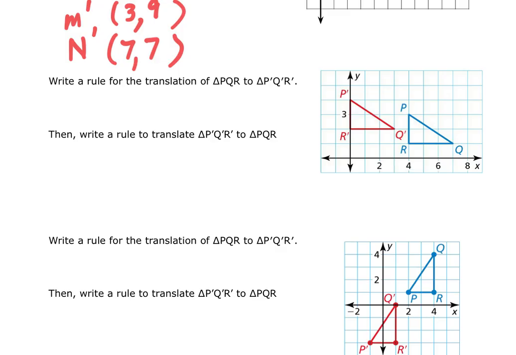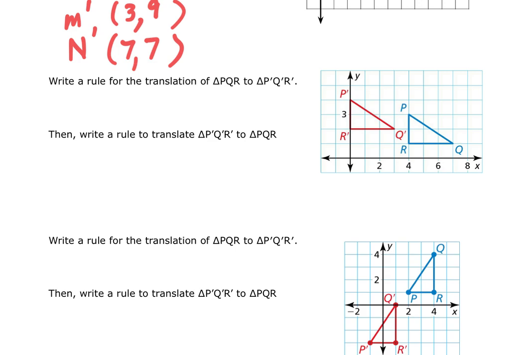if I want to go from P to P prime, okay, first thing, we're starting with P, right? P is my original point, P prime is my new point. So prime is always the ending point. So if I want to go from P to P prime, we're going to move left 1, 2, 3, 4, and we're going to go up 1.